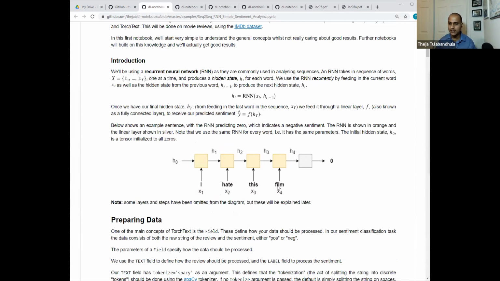Instead of I hate this film, what you pass in is going to be the index for the word I, index for the word hate, index for the word this, index for the word film, whatever the numbers are. Because from those indices, you can get the actual vectors for these words. Vector for the word I, vector for the word hate, and so on.